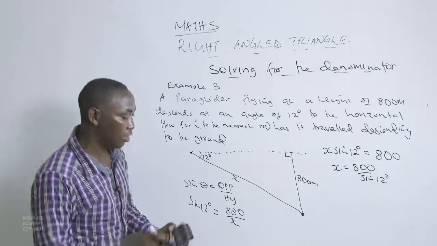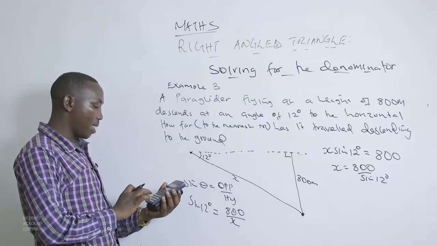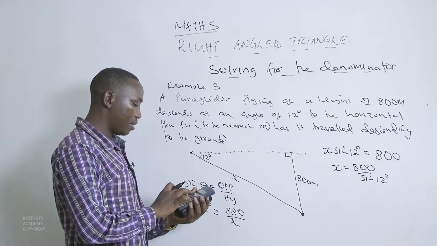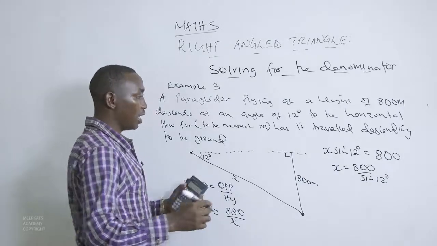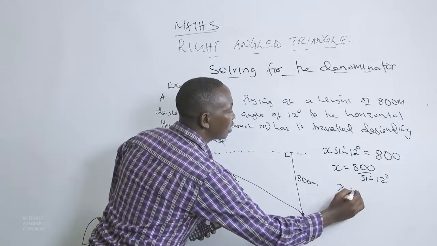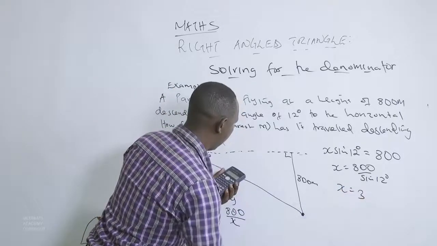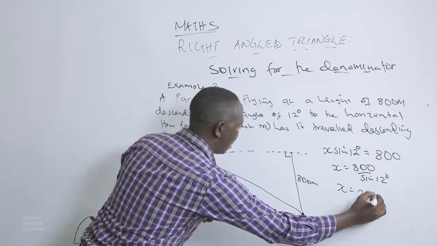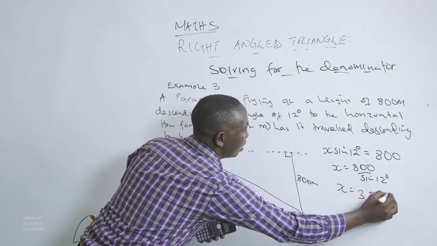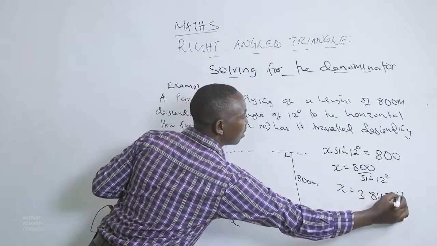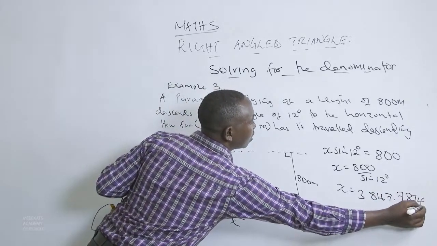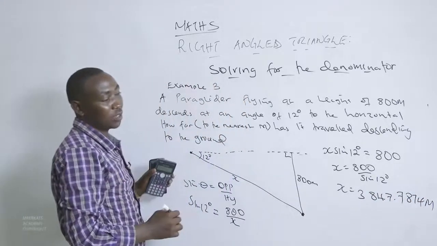From your calculator, when you divide 800 by the sine of 12 degrees, you will get that x is 3,847.74 meters.